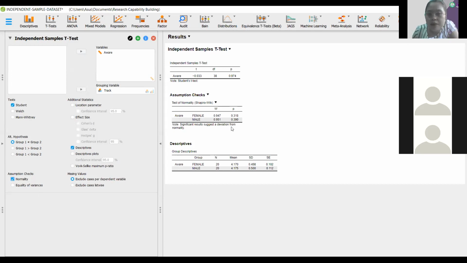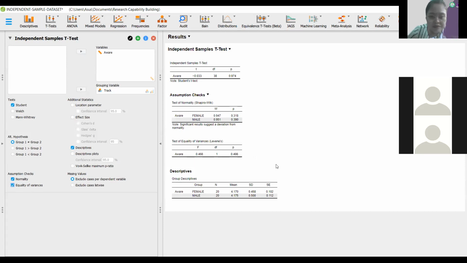And later, I will also give you how are we going to interpret that. We will also use the p-value here, okay? And then we also have equality of variance. So again, we will also use the p-value in interpreting whether there is really equality of variance or not.